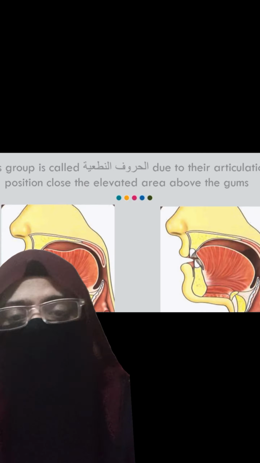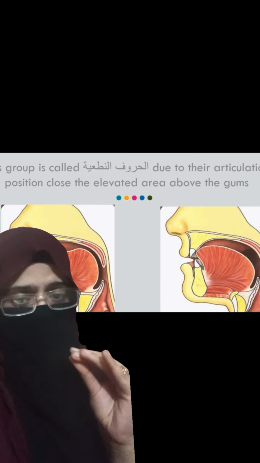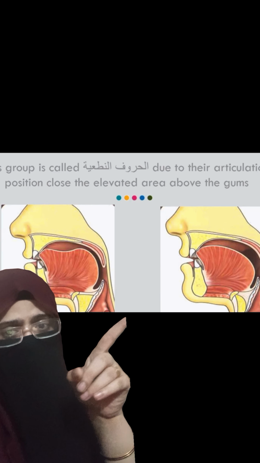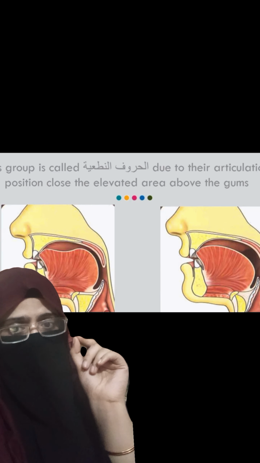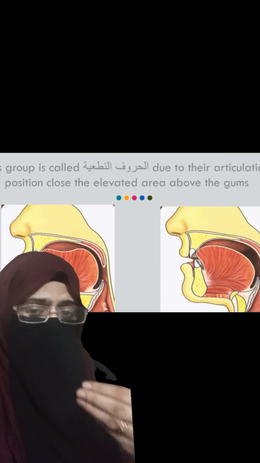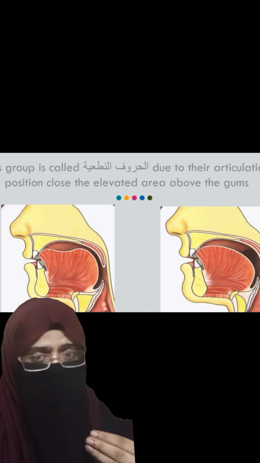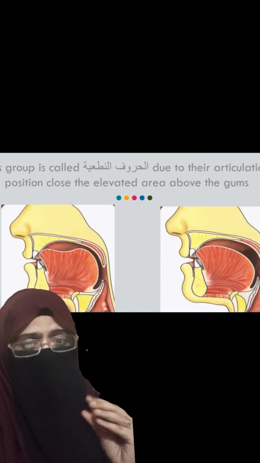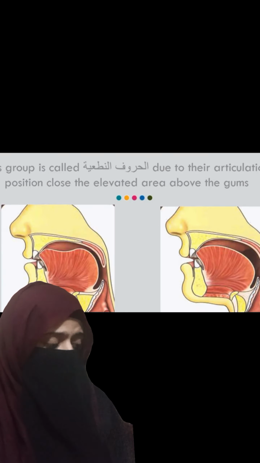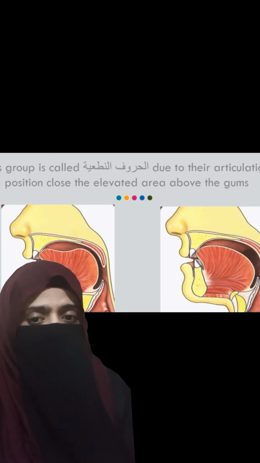Again, I will tell you the posture and its details. If you see that the first posture, this is the ta posture. You have to pronounce ta clearly. Ta, ta, ta. The ta pronunciation is very light.